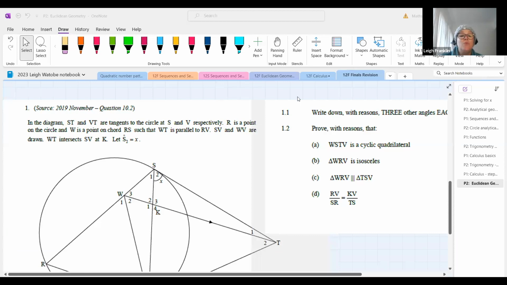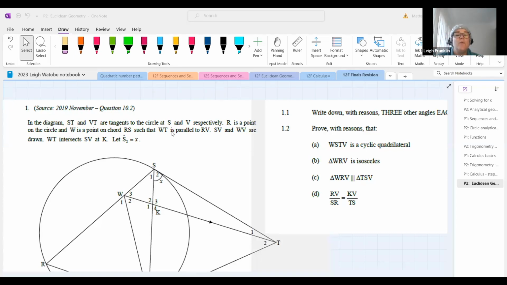And if they've told us tangents, we probably also have tan chord theorem going on here. So tangents from the same point and tan chord theorem is another thing that we need to think of. Then they tell us that R is a point on the circle and W is a point on chord RS such that WT is parallel to RV.